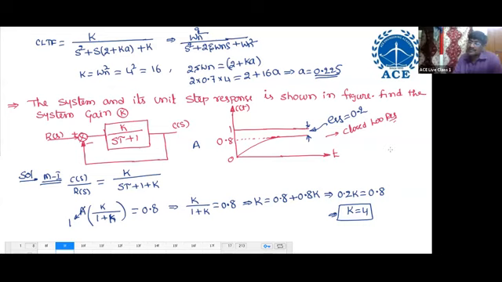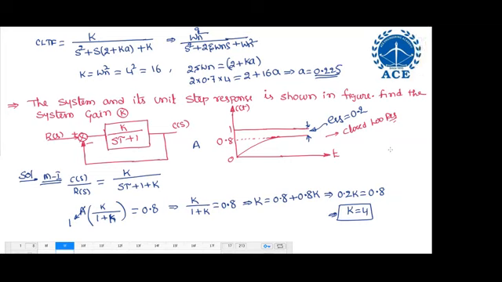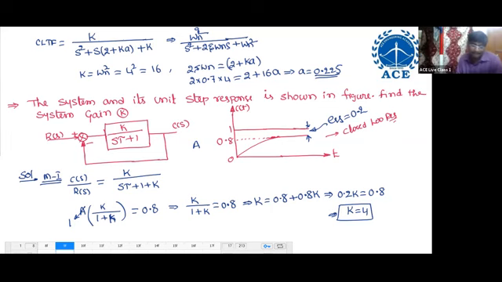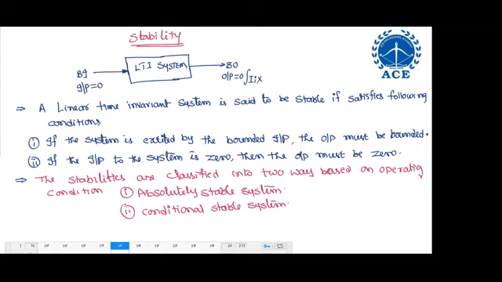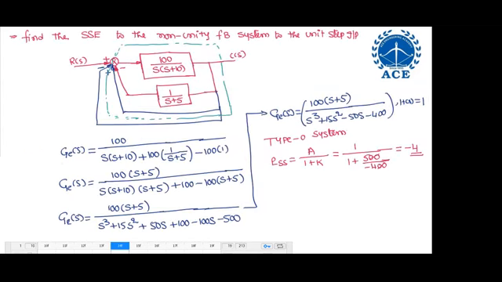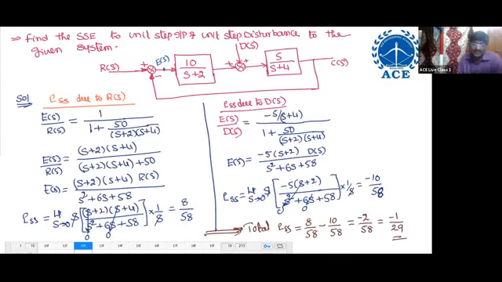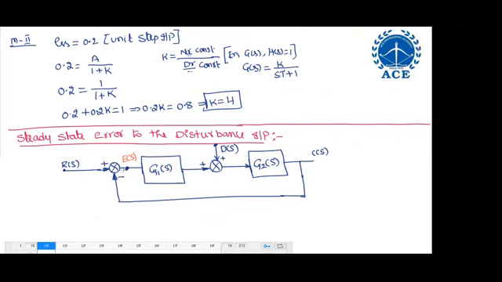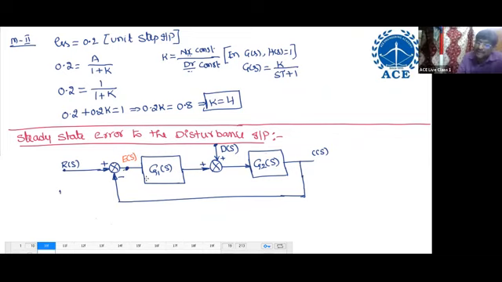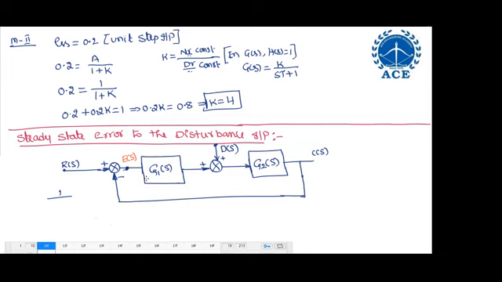Sir, in the topic steady state error due to disturbances, how do you find E(s) by R(s) equal to 1 by 1 plus G1 G2? Use signal flow graphs. What is the forward path gain from R(s) to E(s)? 1, sir. Divided by 1 minus loop gain. What is the loop gain? Minus G1 G2. Opposite sign of loop gain, na?